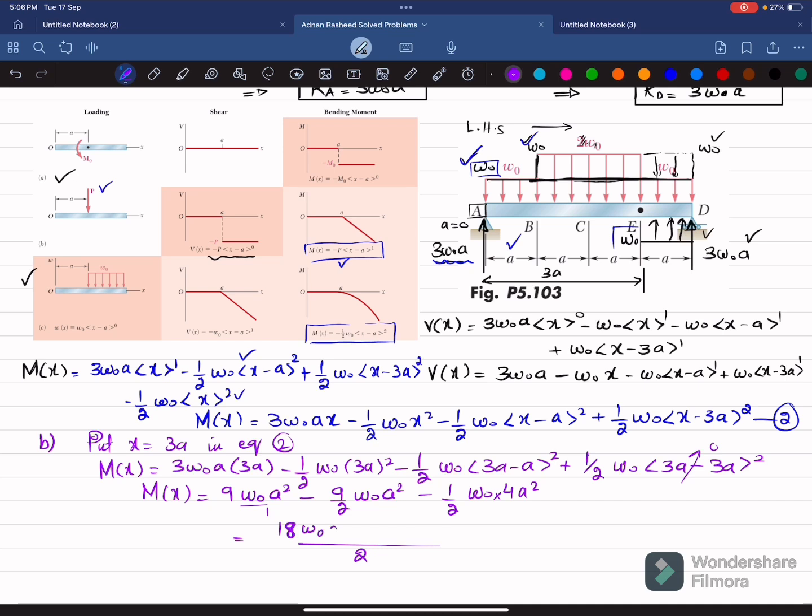So 18 w naught a square minus 9 w naught a square minus 4 w naught a square. So it will give us 9, and minus 4 is minus 13, plus 18 is 5 w naught a square over 2. This is the moment about point E. So the moment about point E will be equal to 5 w naught a square over 2, and this is the answer to our second part.